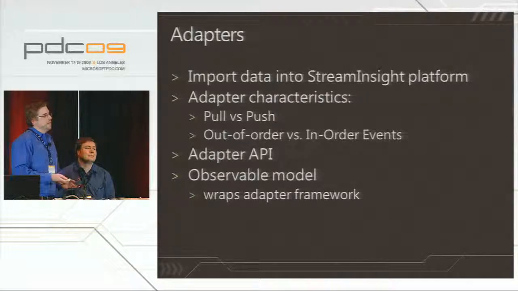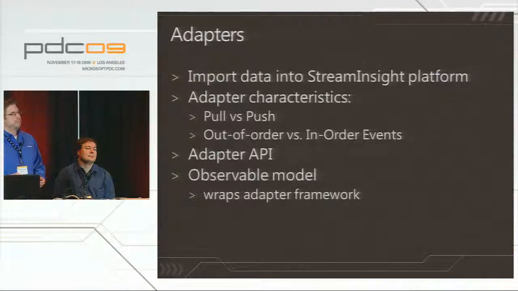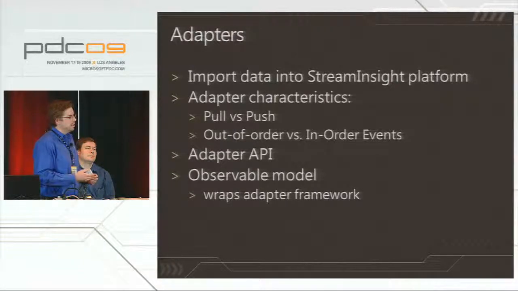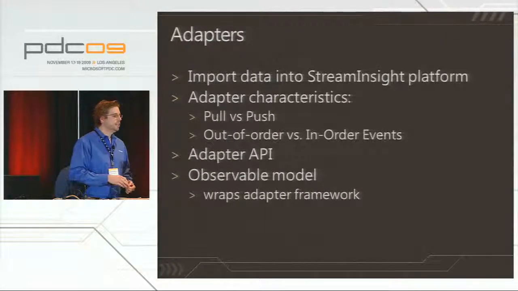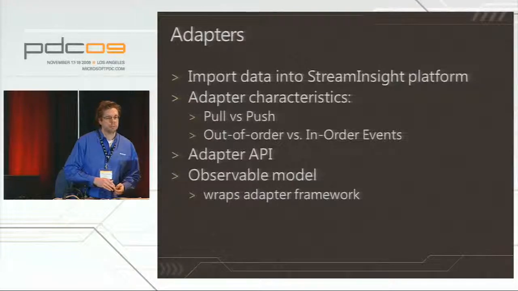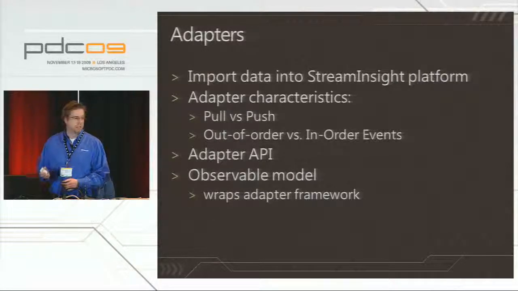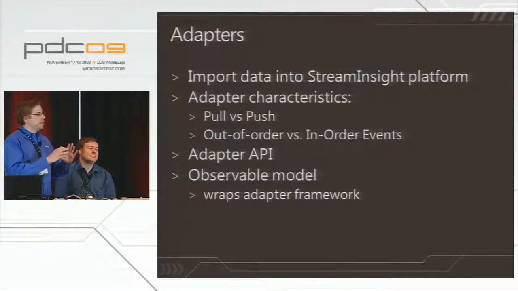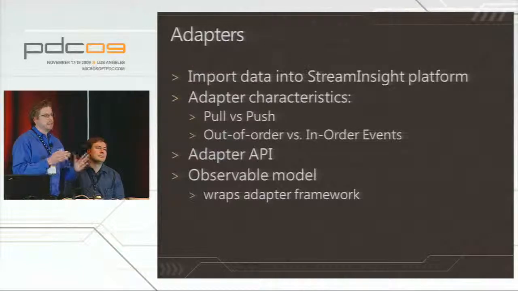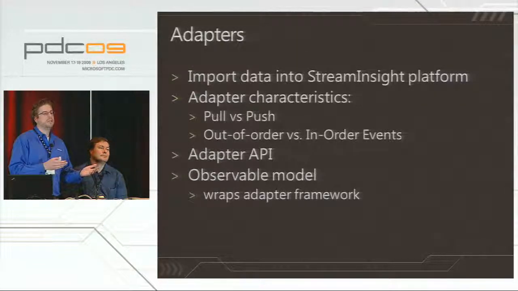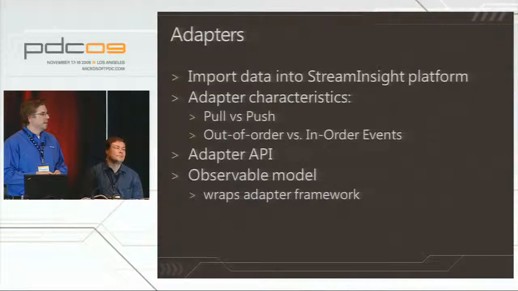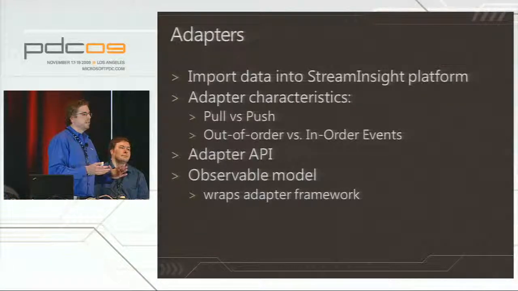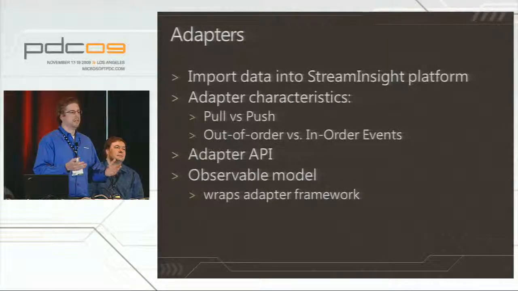So we provide the adapter API to write adapters, but we also provide the observable model, which is basically modeling the reactive framework's IObservable functionality in StreamInsight. It wraps the adapter framework and lets you specify event sources purely in plain .NET objects like IEnumerables, treating IEnumerables as event sources, and avoiding having to write an adapter against our adapter API framework.